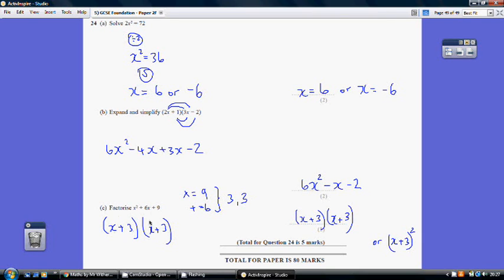So these two numbers here will multiply to be the number on the end, which is plus 9, and at the same time will add to be the plus 6. So what two numbers multiply to make 9 but add to be 6? Well, that's 3 and 3, plus 3 and plus 3. So our factorised version of this is x plus 3, x plus 3. Alternatively, you could have said x plus 3 all squared, because that's what this is.